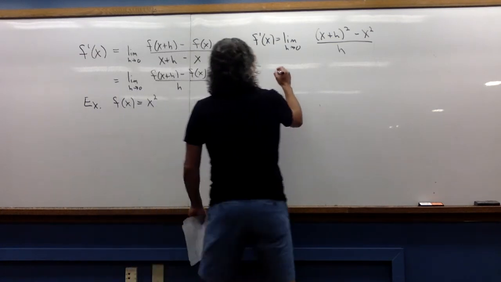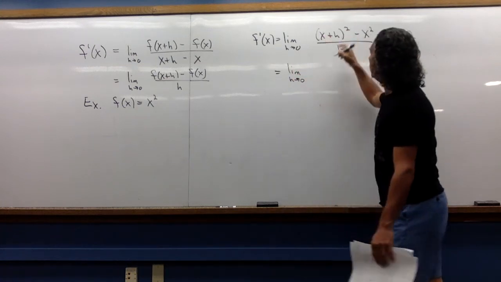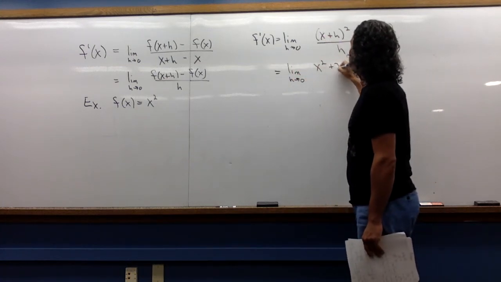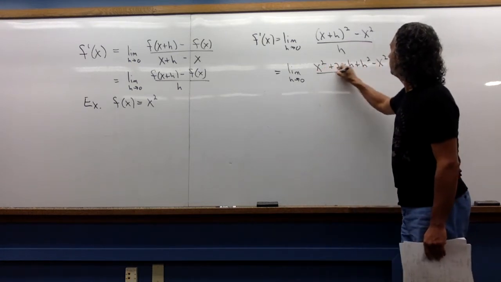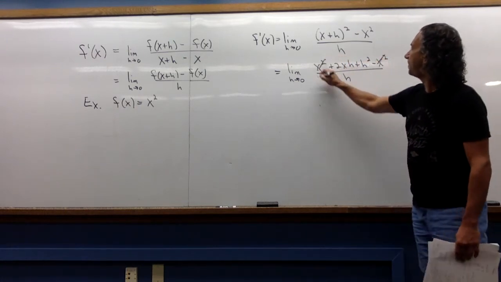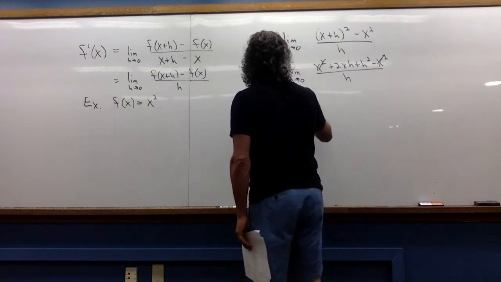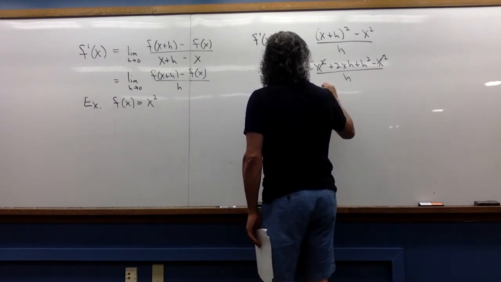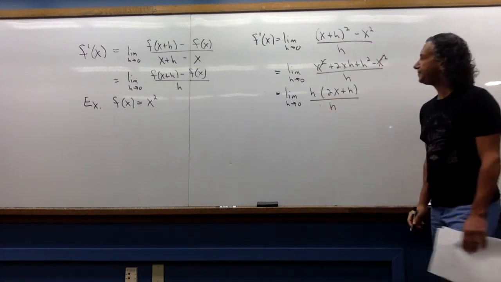Well, hopefully you said that this is the same thing as the limit as h goes to 0. Foiling this guy out, I get x squared plus 2xh plus h squared minus x squared all over h. The x squareds cancel, and I can then factor out an h on top. So I have the limit as h goes to 0, h times 2x plus h all over h.